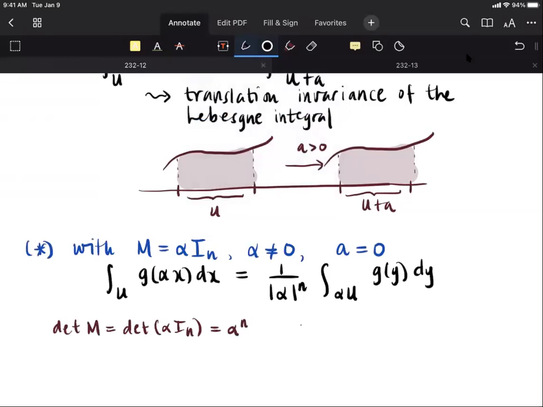And we call this the scaling formula. So if you scale your argument, you will have this scaling factor 1 over the absolute value of alpha to the n.